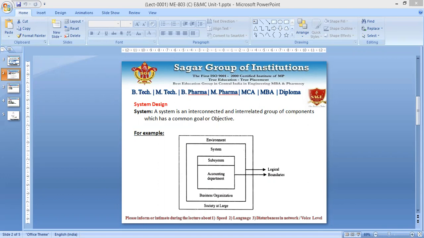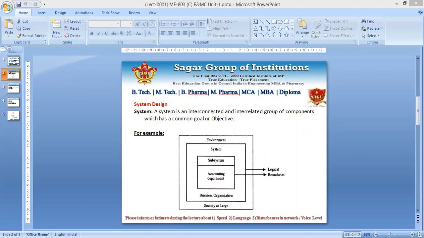Okay, so moving ahead, this world outside the system is called environment. As we have already discussed, the system can be viewed as a subsystem of the environment. For an example, business organization is a system whose function is within the contours of the environment, which is known as the society.